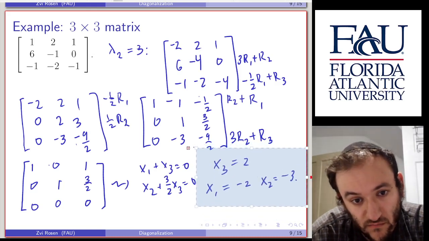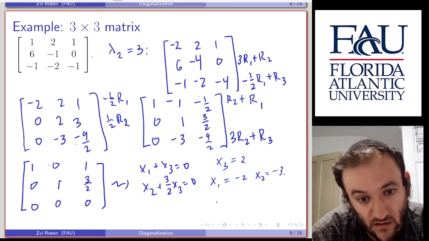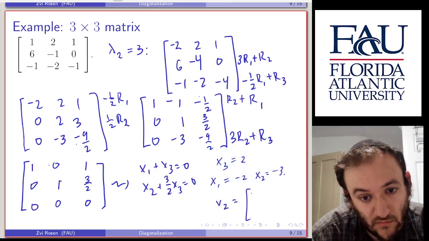Okay, so our eigenvector is going to be minus 2, minus 3, 2.